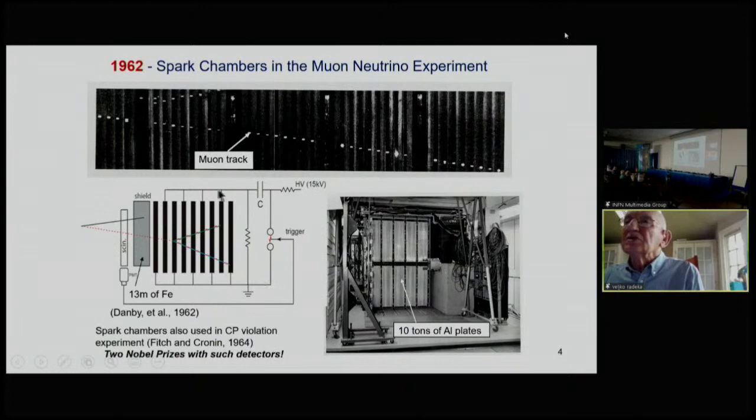So that was the spark chamber, which there hasn't been a single talk on in any of the Pisa meetings, as far as I know.